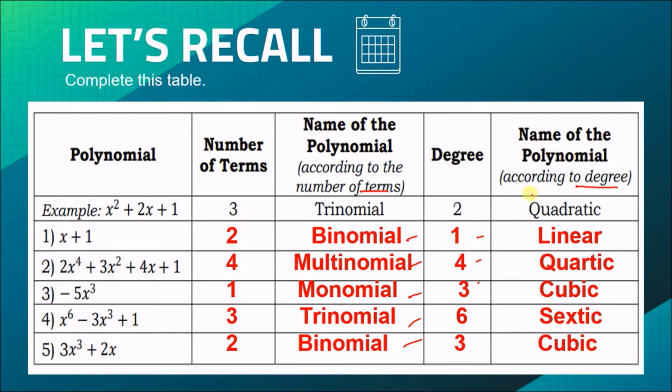Dinidetermine natin ang degree. Pero sa pangalan na specific, kapag hindi natin alam, kunwari, 4th degree na pala, you could say 4th degree polynomial. Pero pag alam mo yung specific name, you could say quartic polynomial. Mas maganda. And more than this, may makikita kayo somewhere in the internet kung ano yung mga specific na pangalan niya.